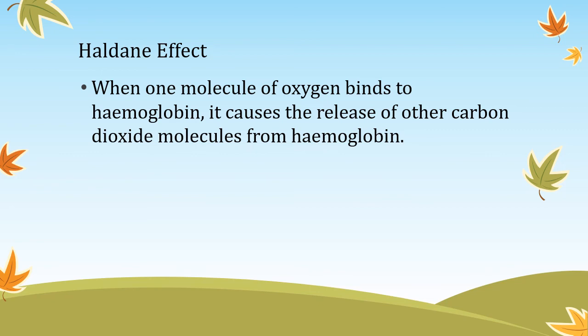When it comes into the lung, you know that the lung has lots and lots of oxygen molecules, and as oxygen comes in and binds to hemoglobin, you have easy release of carbon dioxide, which was previously attached to the hemoglobin, and therefore you exhale and remove the carbon dioxide out from your body.